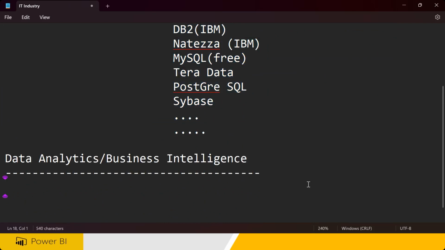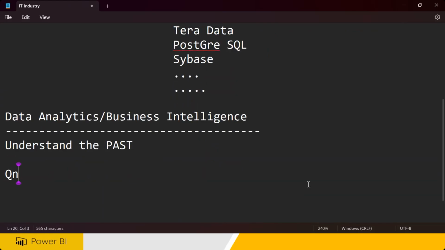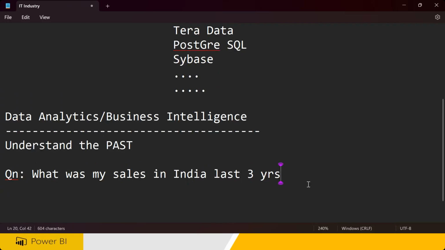Clear? Understanding the past is called data analytics. A simple example: Amazon wanted to know what my sales in India were for the last 3 years. So the company wanted to understand the past.